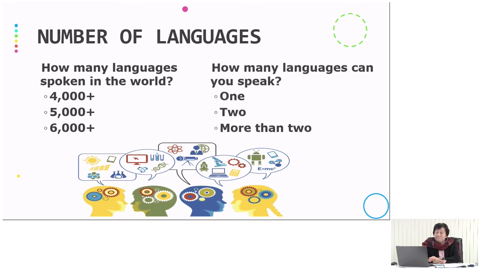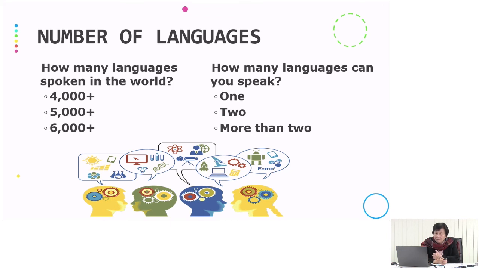And another question that I would like to ask you: how many languages can you speak? 1, 2, more than 2? 4, 5, 6, 7? At my university, we just set up a policy that whoever studies at Naresuan University has to learn at least 4 languages.